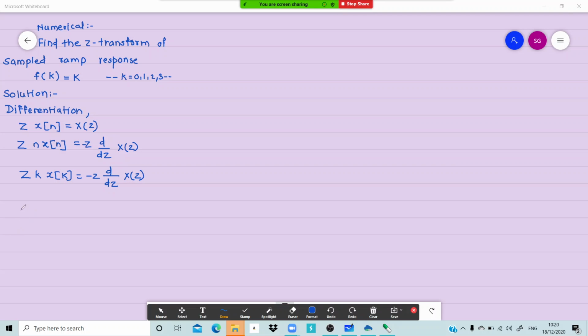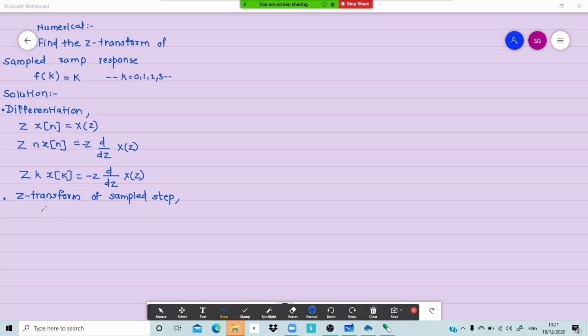Now see, one more thing. This is one thing. And the second thing that we are going to require is the Z transform of the sampled step. If you have a sampled step, then how can you write that?